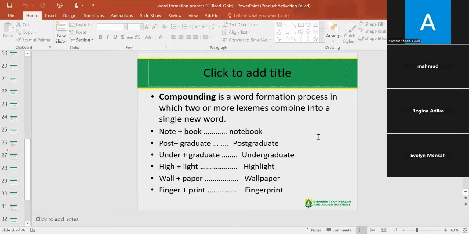If it is something like hot dog, it is not a dog that is hot. What is hot dog?